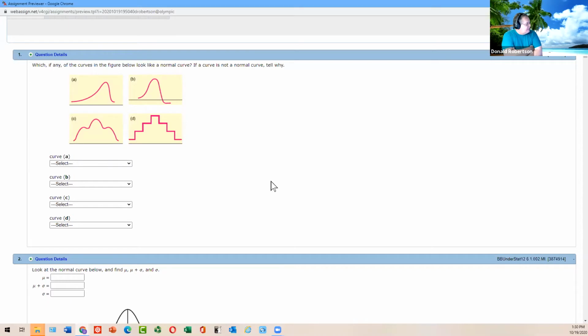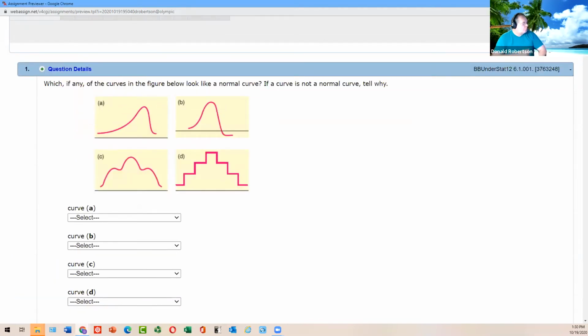So here are 4 pictures of a distribution, 4 curves, although that's not really a curve, but whatever. We've got to look at which one of these is actually considered to be normal in shape. A, B, C, or D? Which one do you think is the closest to being normal in shape? D. Yes.